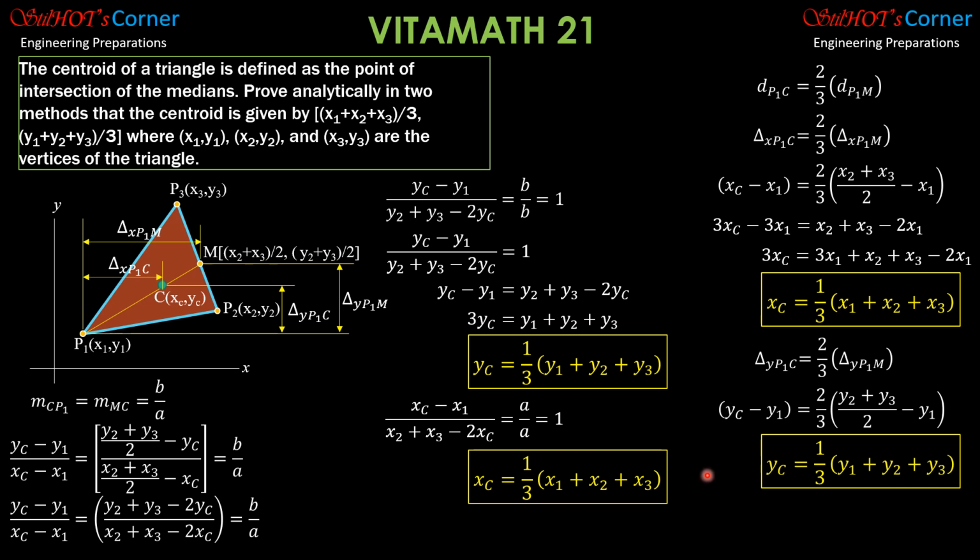Then for your part, so that you can recall this, the centroid is simply the average of the x coordinates, comma, the average of the y coordinates, but only applicable for triangles.